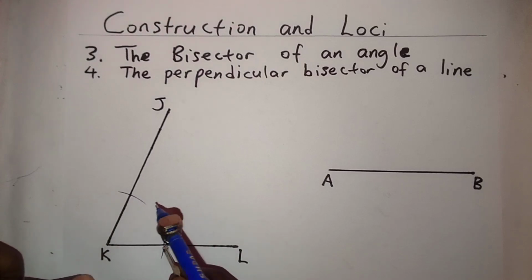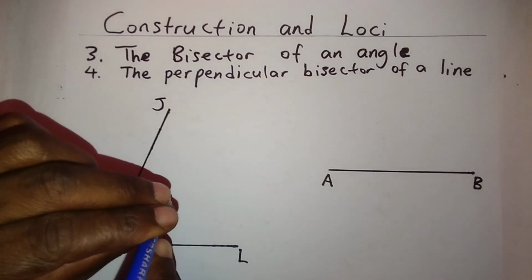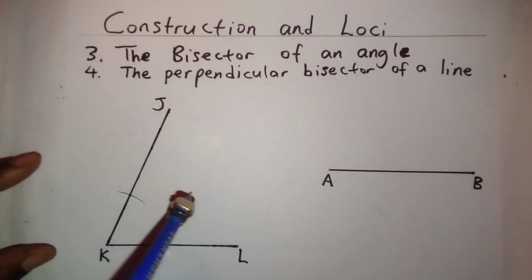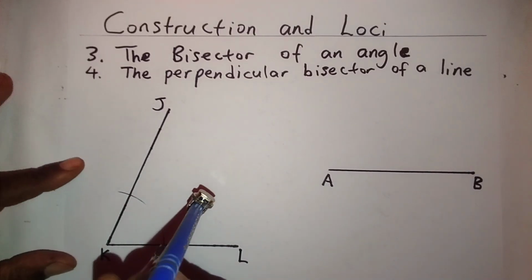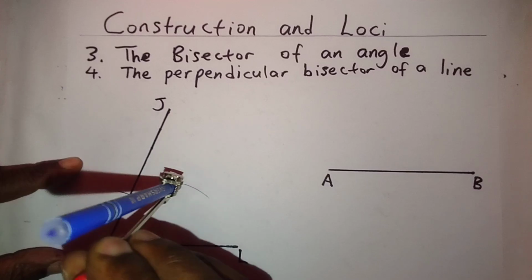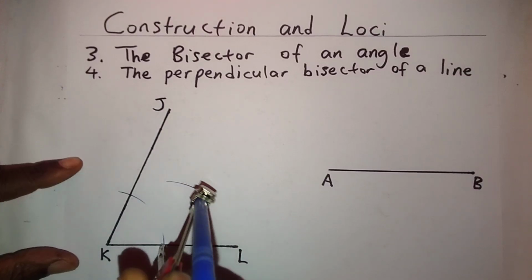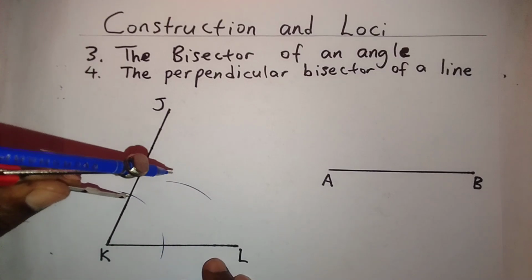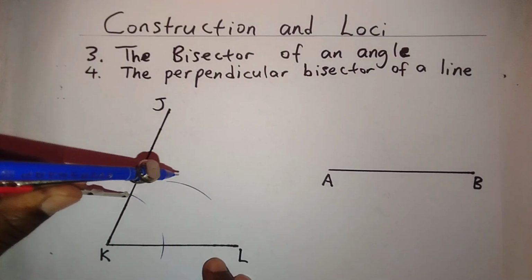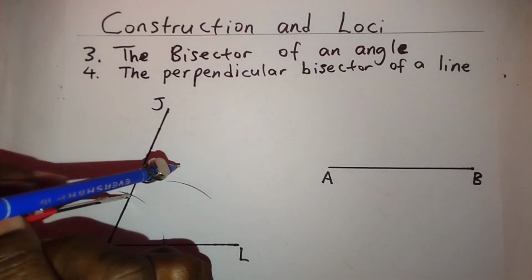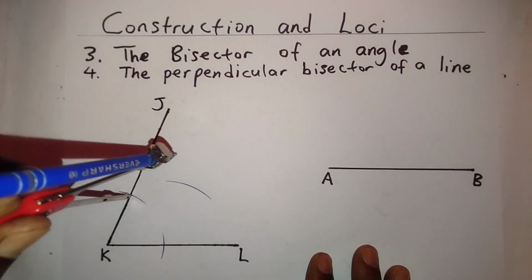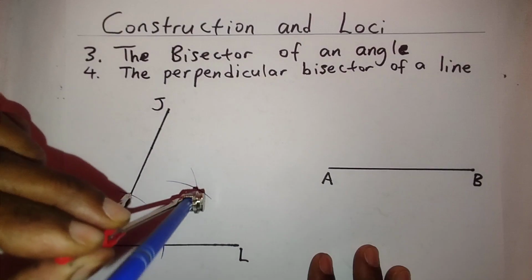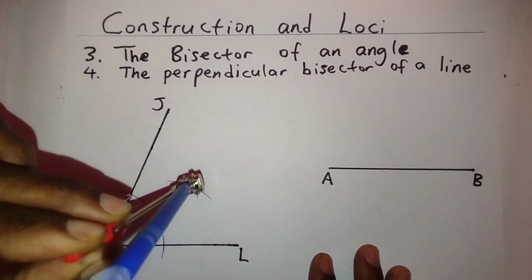After this, with my center as the point of intersection of the arc and line KL, I'll draw another arc here. With my new center as the point of intersection of the arc and the line JK, I'll construct another arc to meet the previous one.